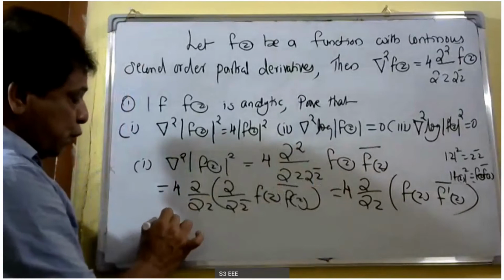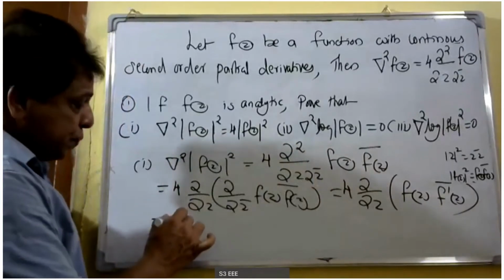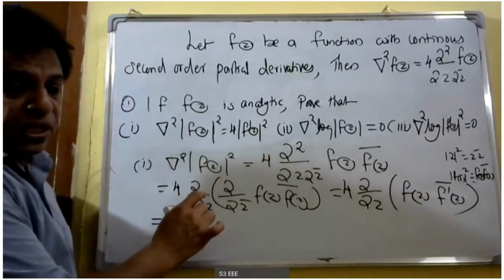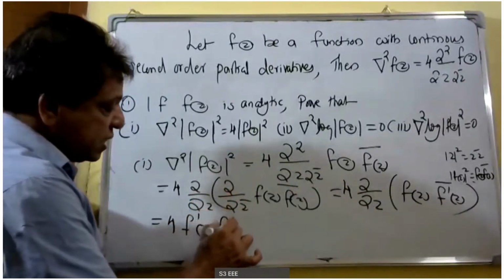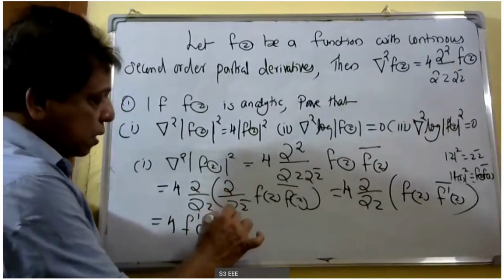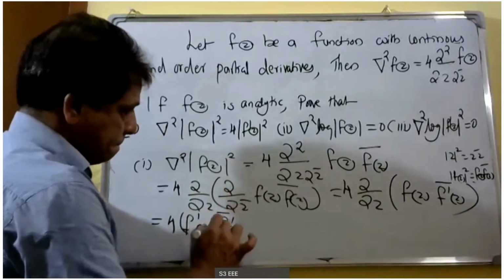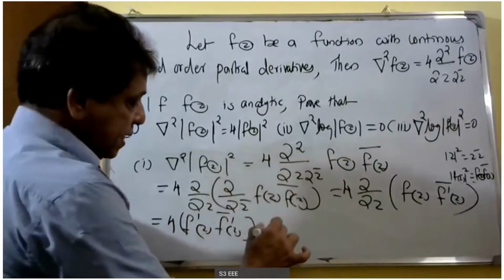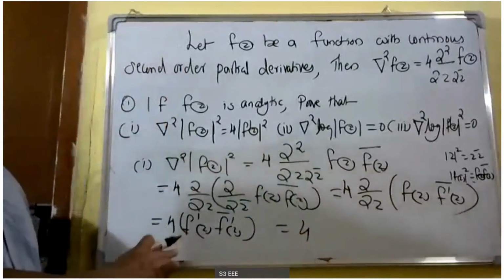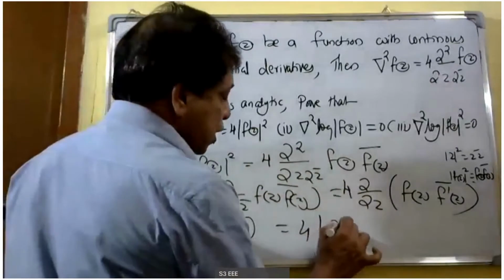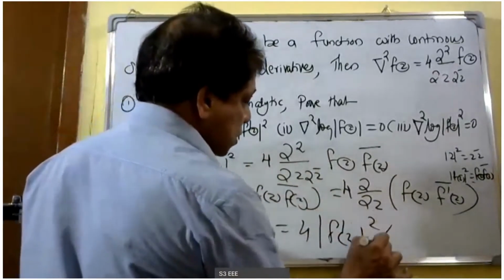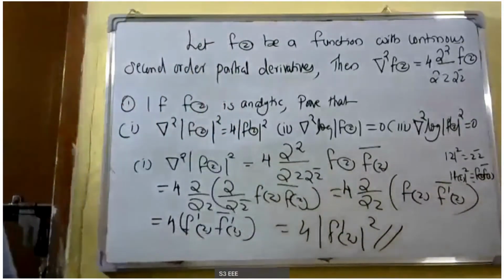Then we get 4 into f dash z into f dash z whole bar, which is equal to modulus of f dash z whole square.